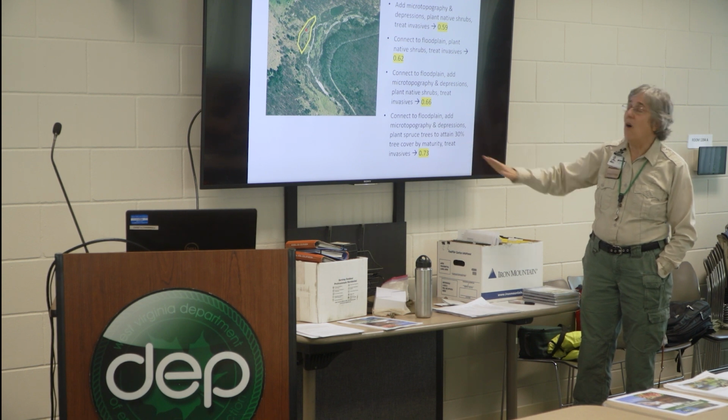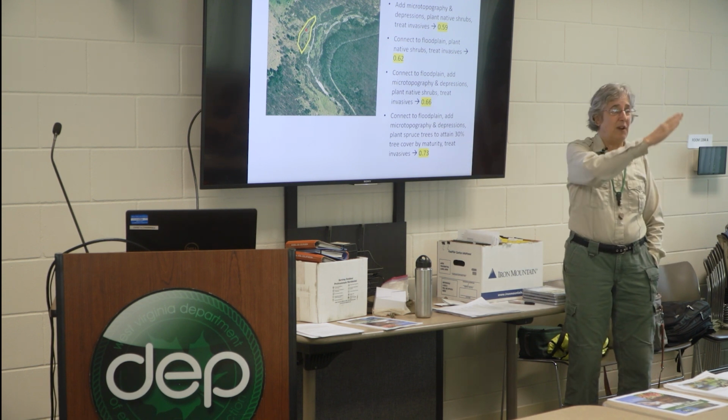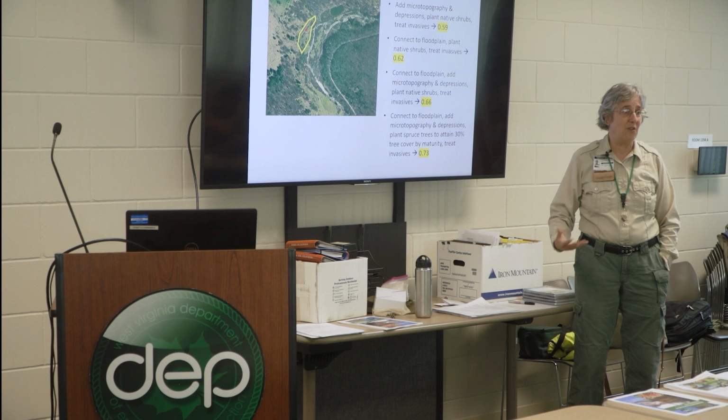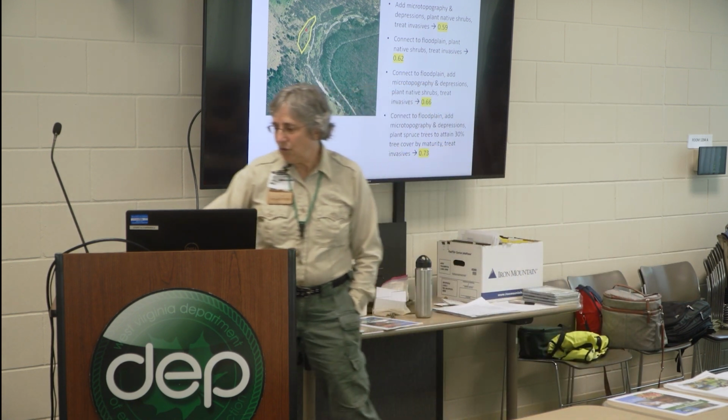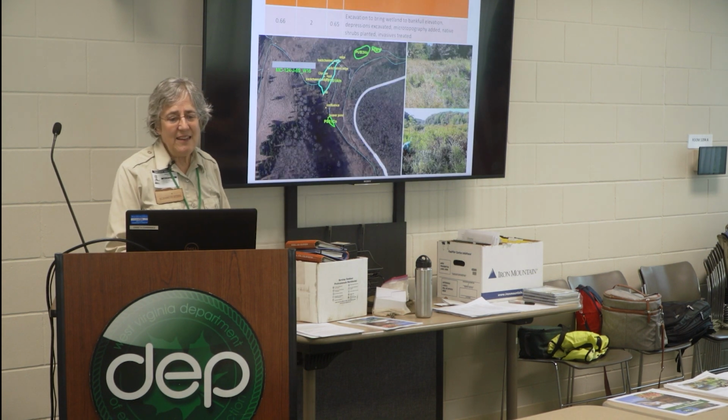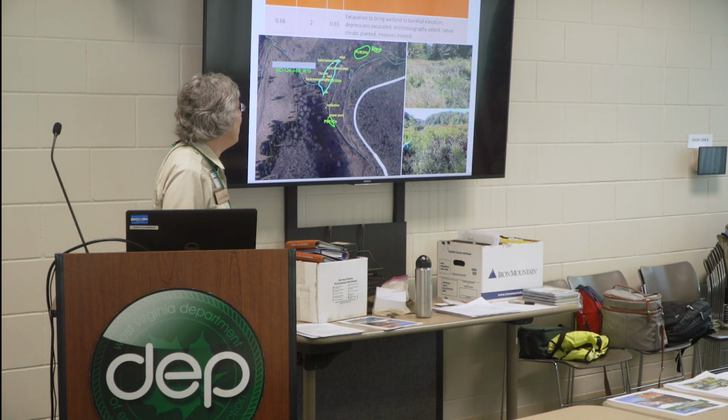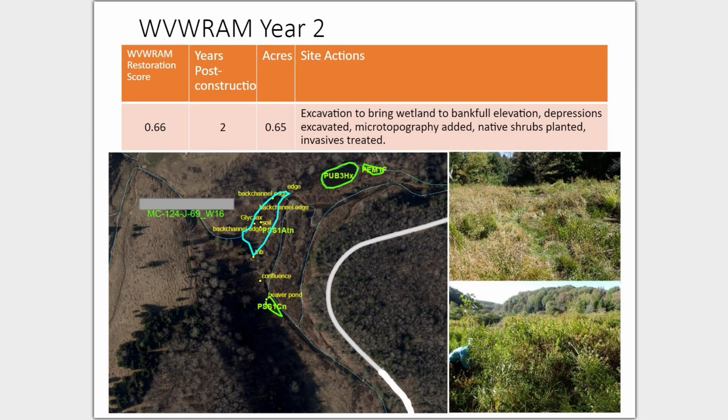And you would be on a little different trajectory if you had also planted the foundation wetland tree of red spruce at that site. So in year 2, this WVWRAM was conducted with a score of 0.66.